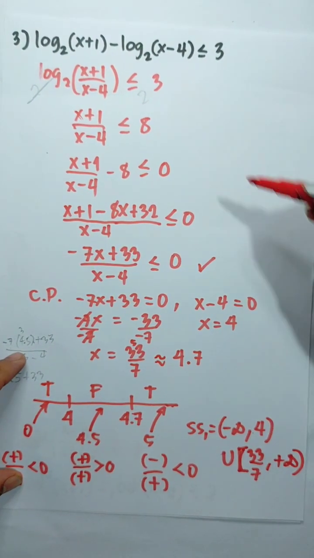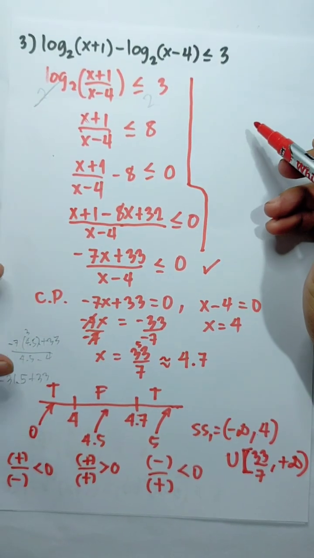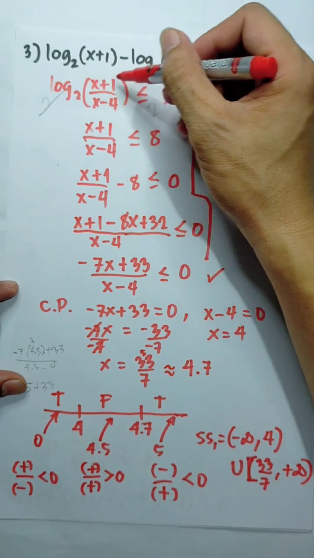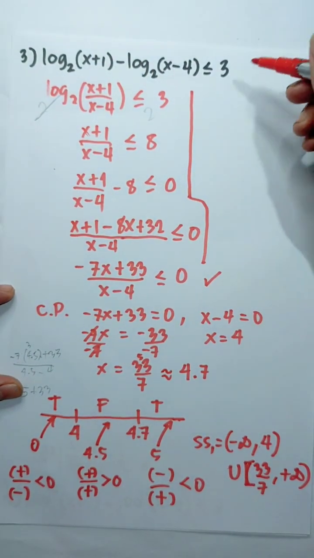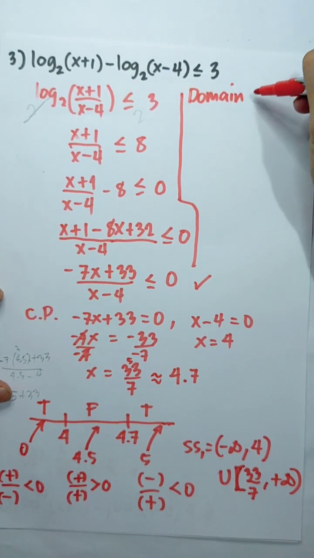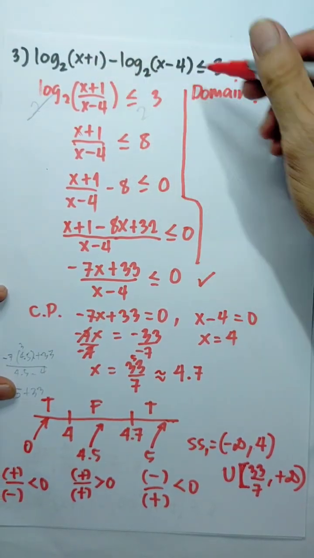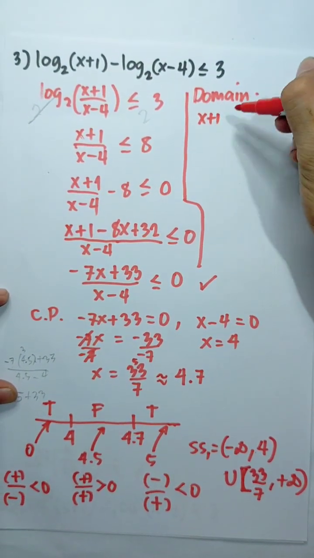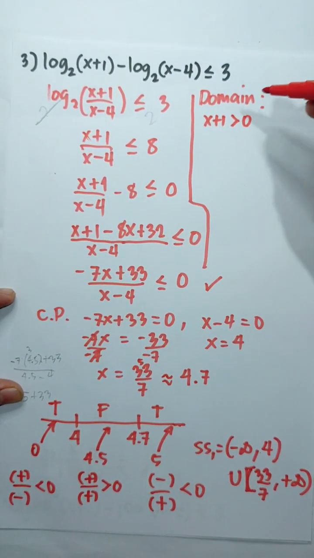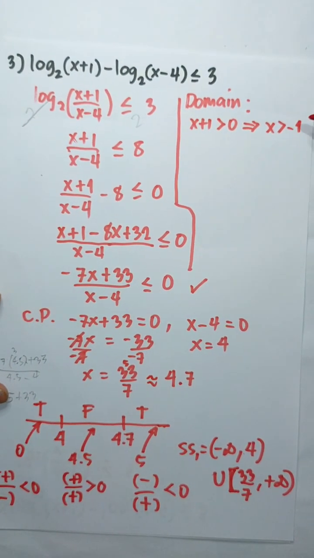Okay, next let's continue here. We still have to deal with the domain, the restriction. For this term here, x plus 1 must be positive. That implies x is greater than negative 1.